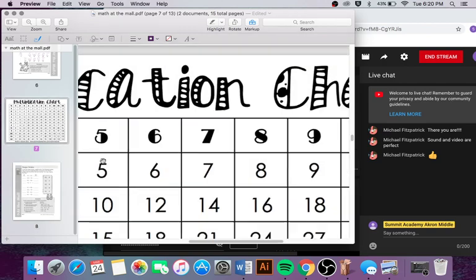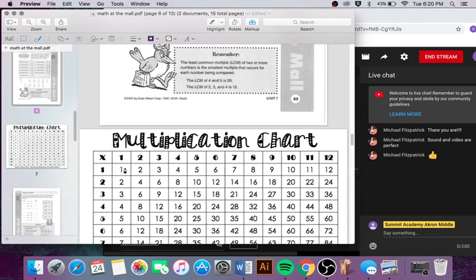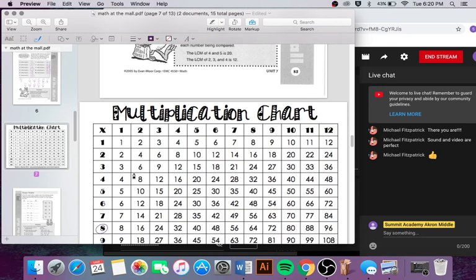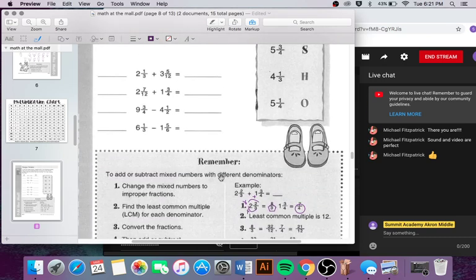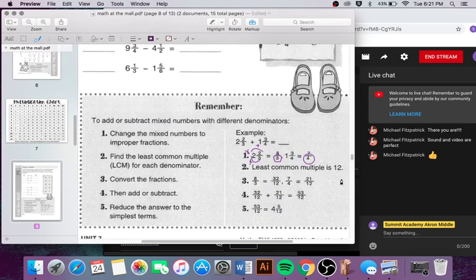If we go back to our chart and look at the 3 and 4, the least common multiple is 12. So back here, we have 12.